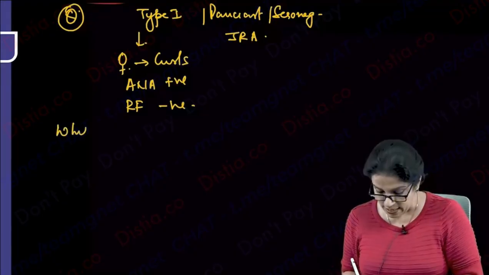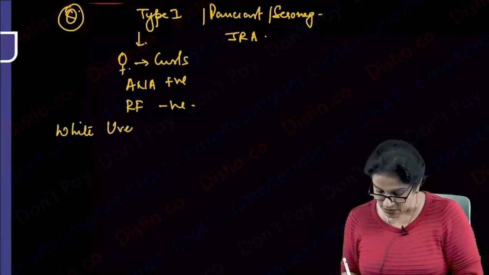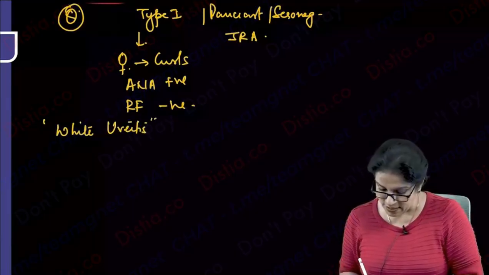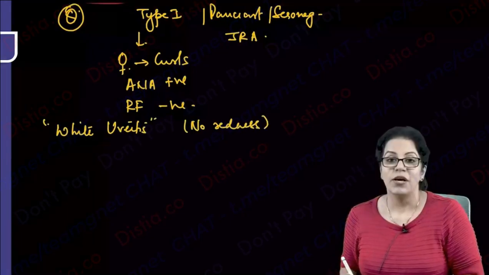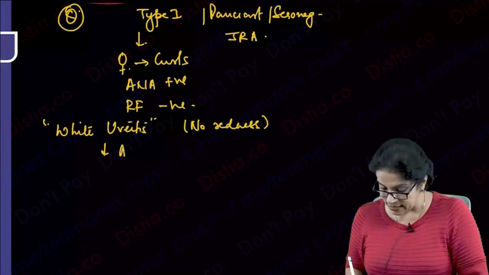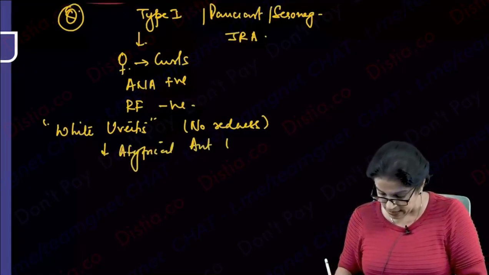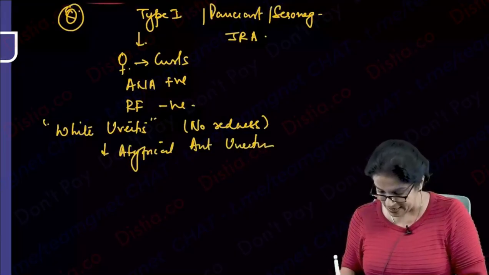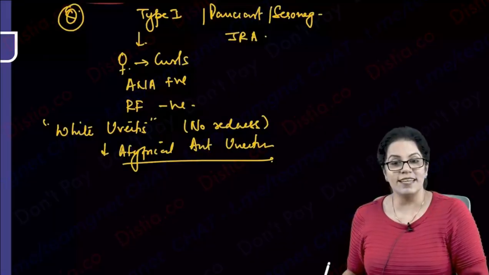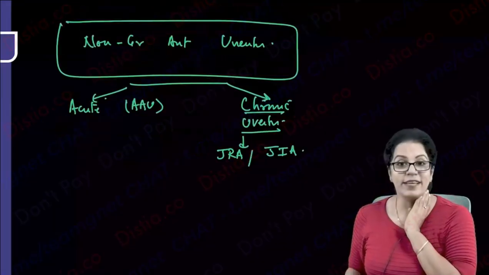Eye is white, and therefore we also call this condition white uveitis because there is no redness. So you may understand it as nothing but atypical presentation of anterior uveitis. Right? All the points clear? That was about your chronic.